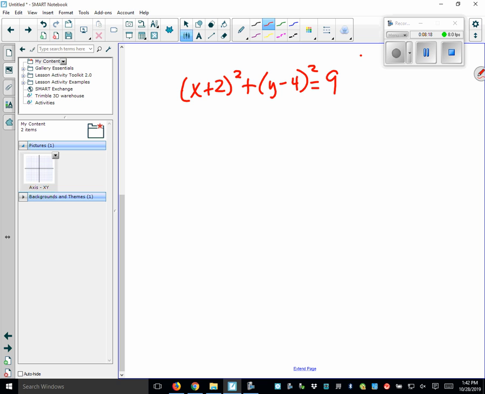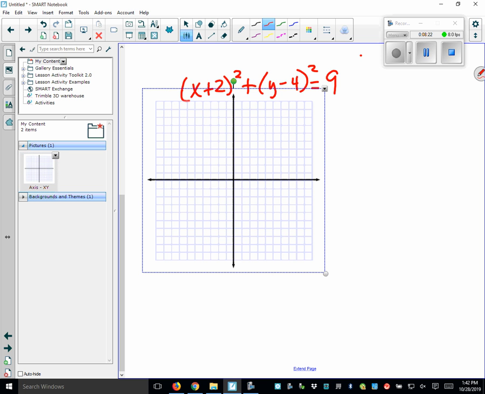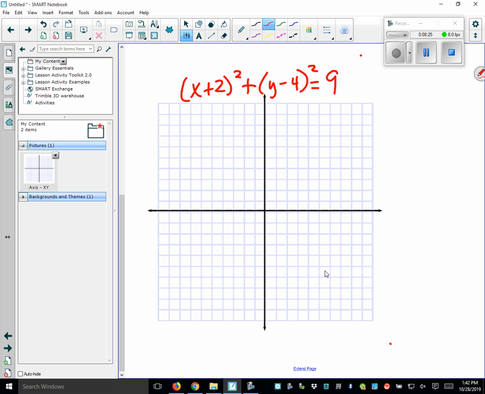Graph this circle. What's the center? (-2, 4). What's the radius? And what do I do with this radius?